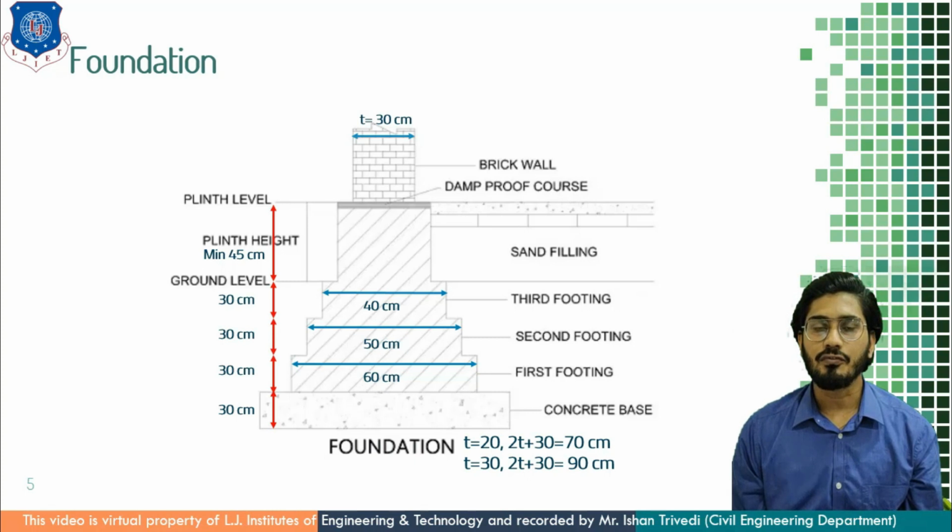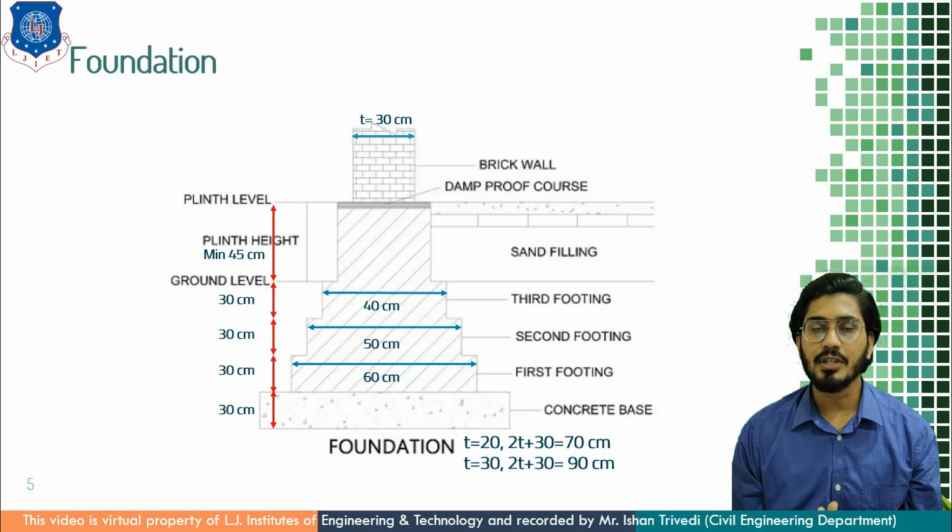If the thickness of the wall on the outermost side of a residential unit is 30 centimeter, remember this, the outermost side or periphery of the building, the thickness of wall is 30 centimeter. On the inner side of the building, the wall thickness is 20 centimeter, whereas in a partition wall, it would reduce by 10 centimeter.